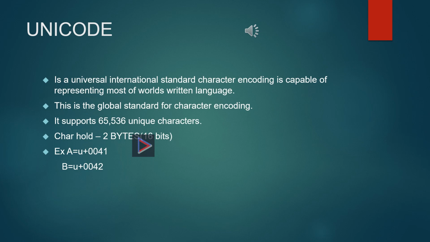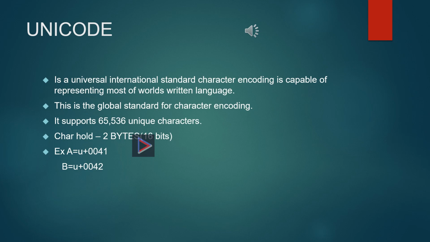The full form of Unicode is Universal International Standard Character Encoding, which is capable of representing most of the world's written languages. It is a global standard for character encoding. Encoding means every character's numeric value is given by Unicode.